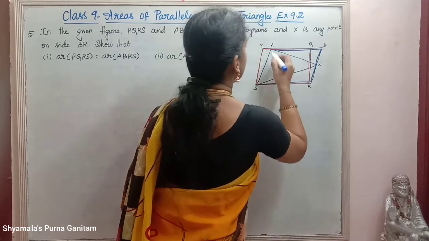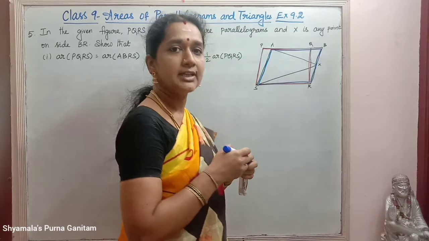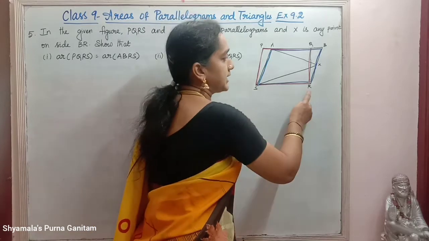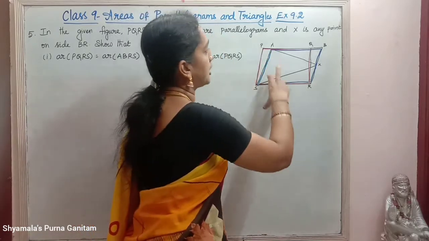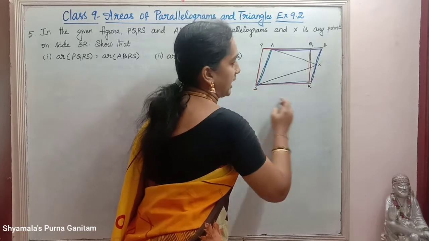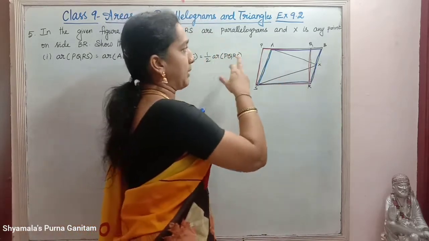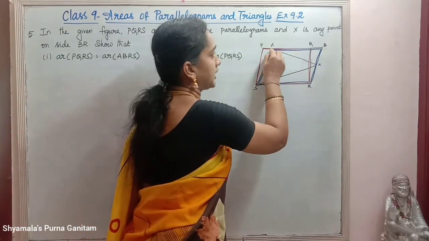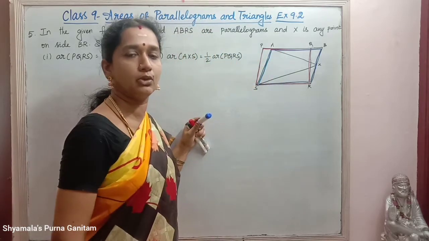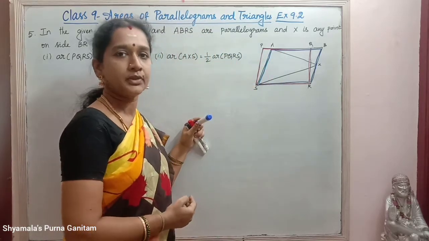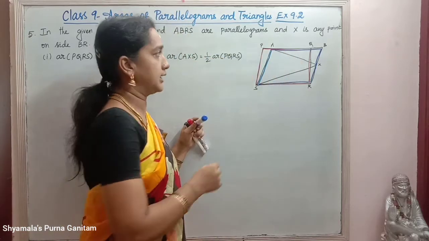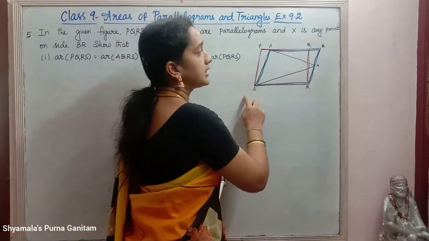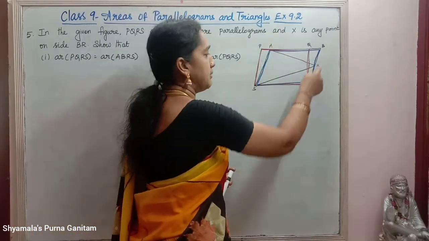So for these two parallelograms, the base is the same. What is the common base here? SR is the common base. Since both are parallelograms, PB is parallel to SR. So for both parallelograms, PQRS and ABRS, the vertices are on the parallel sides. So we can easily say that area of PQRS is equal to area of ABRS.